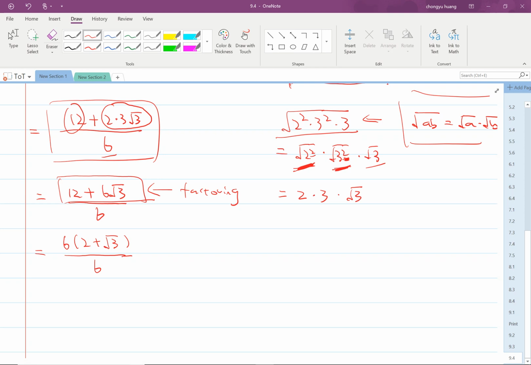Let me check again. Yeah, so at this point, as you can see, we have a 6 on the denominator and a 6 on the numerator. So those two are going to get cancelled, and then we will have our final solution.